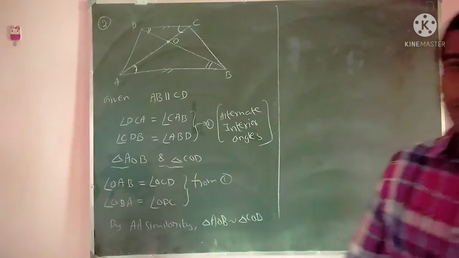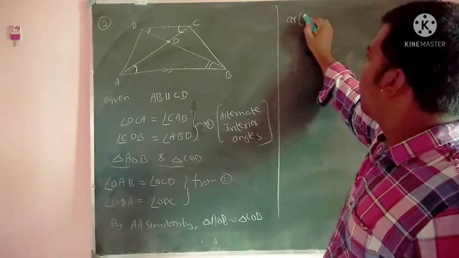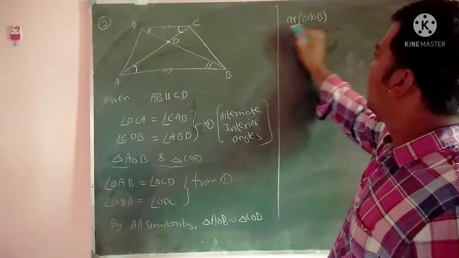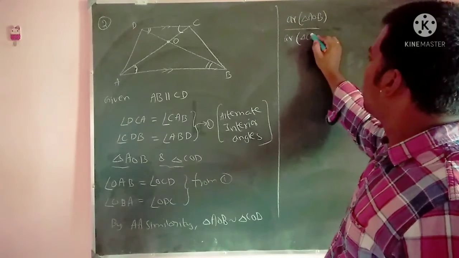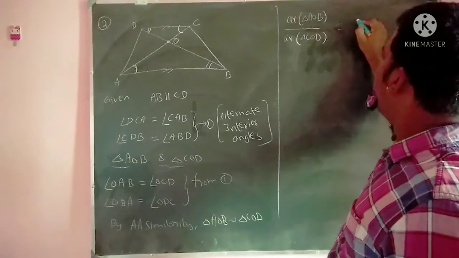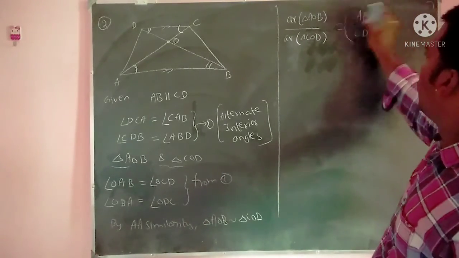Now by the theorem we can write area of triangle AOB by area of triangle COD as AB by CD whole square.